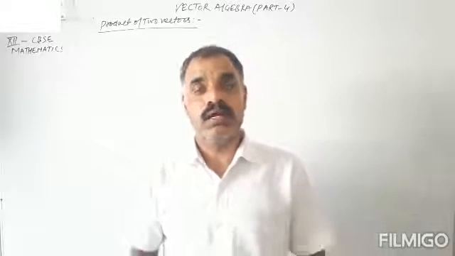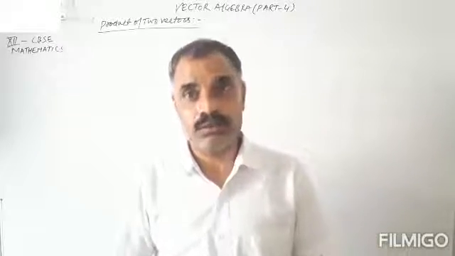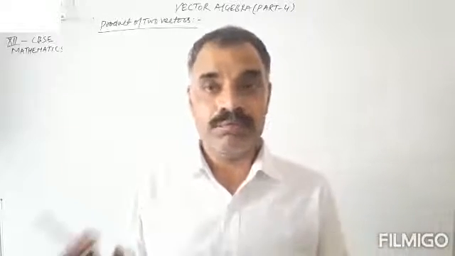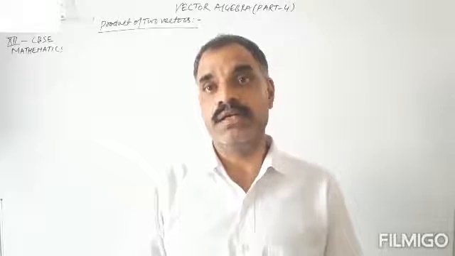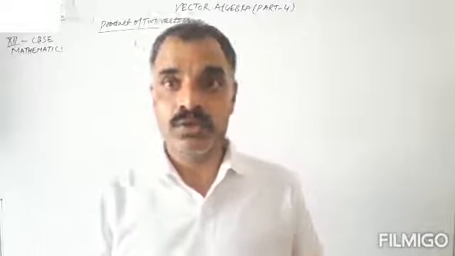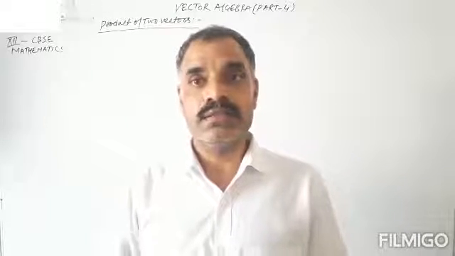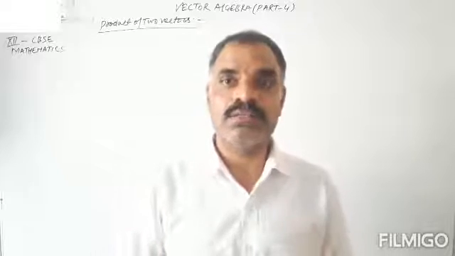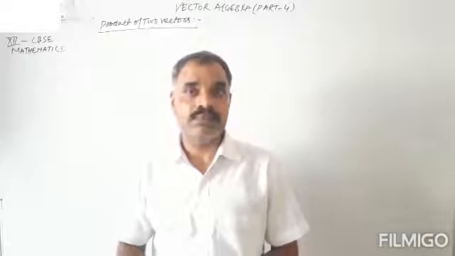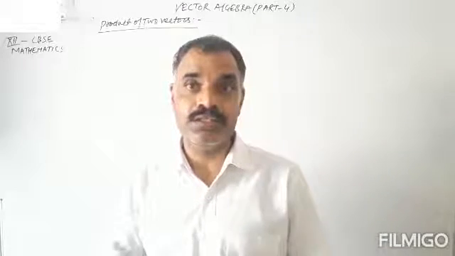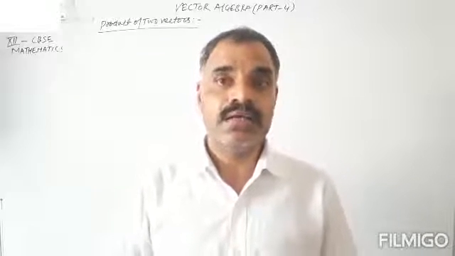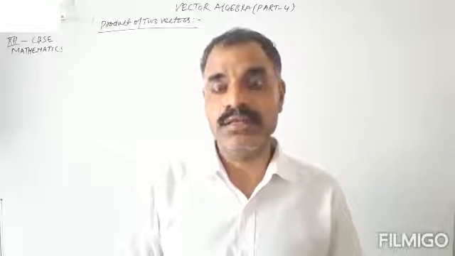Now we are talking about the product of two vectors. The product of two vectors can also be done in two ways. First of all, it is the dot product, and the other one is the cross product. When we multiply two vectors in the dot product way, we get a scalar.